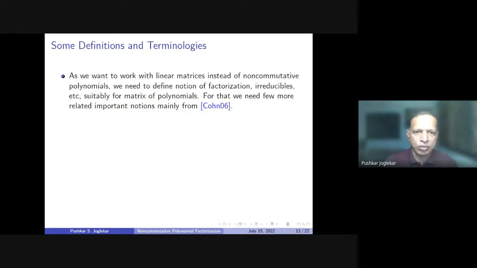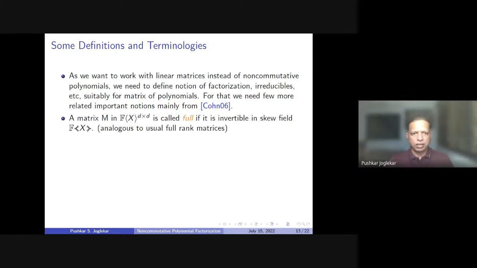Now, as we have transformed the polynomial into a linear matrix, we need to define the notion of factorization as well as irreducibles in the case of these matrices of polynomials. Most of these definitions are from Cohn, so we quickly recall some useful definitions. First, a matrix M with polynomial entries is called a full matrix if it is invertible in the skew field.